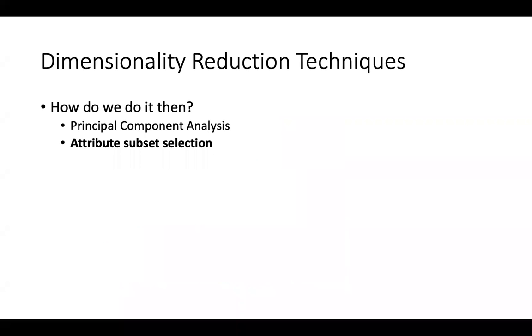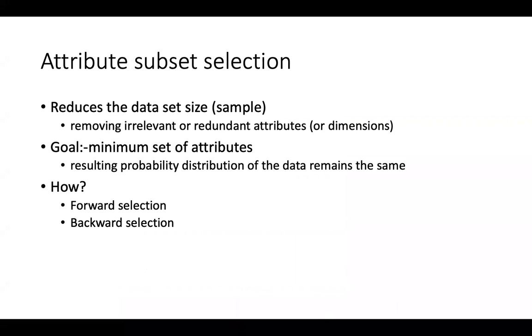All right, so another technique we want to talk about here is attribute subset selection. So let's look at that. The goal is to reduce the data size and also remove irrelevant attributes.